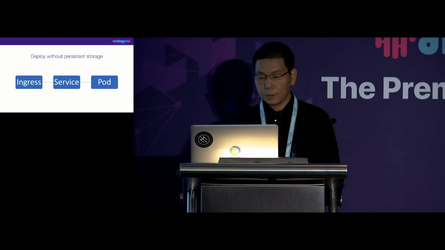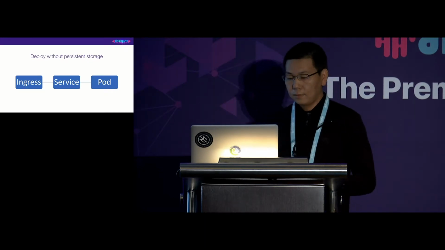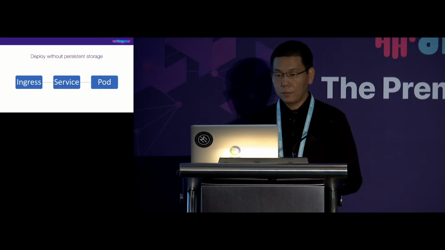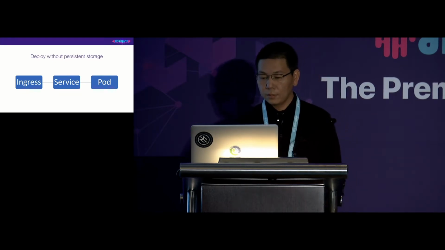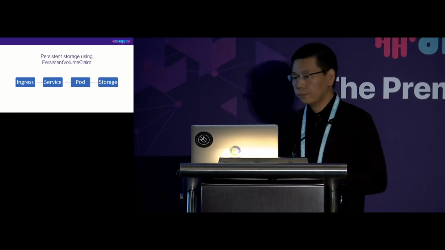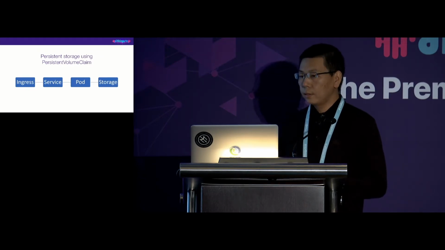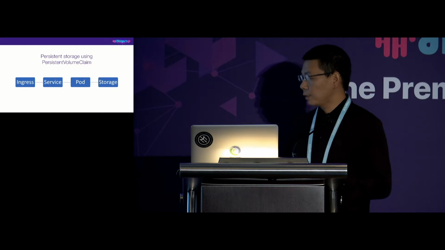So we deployed this one, but the thing is there's no persistent storage. So if a pod dies, all the data while we're doing the recording will be gone. So we introduced storage to back the pod. So if the pod dies, all the data that has been recorded will be saved in storage.